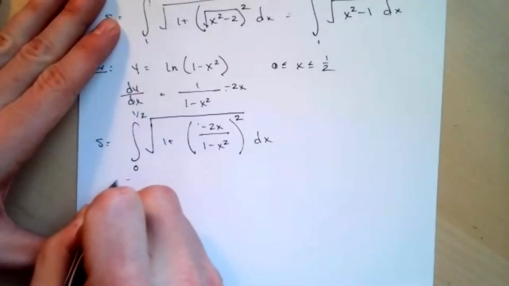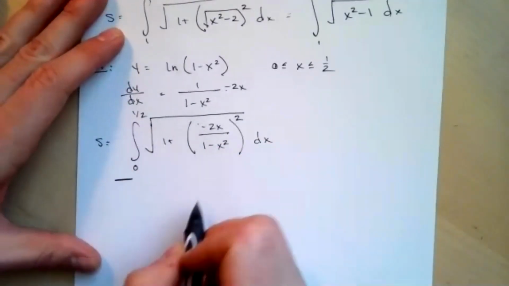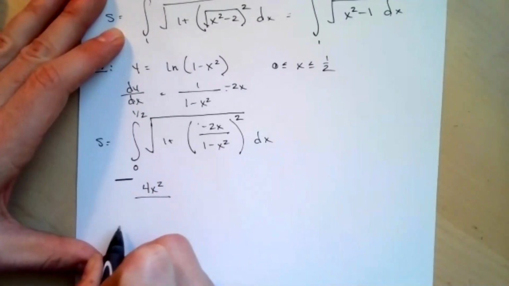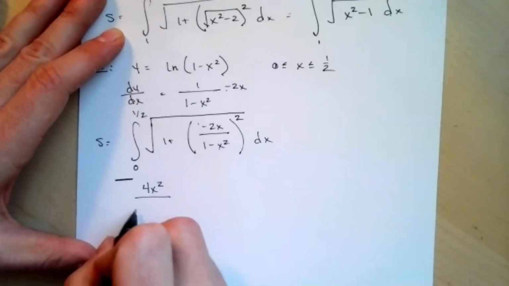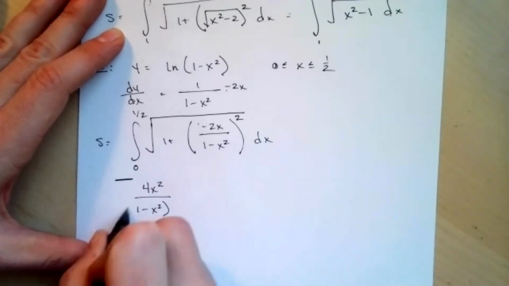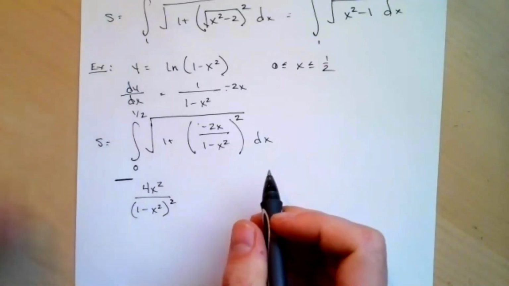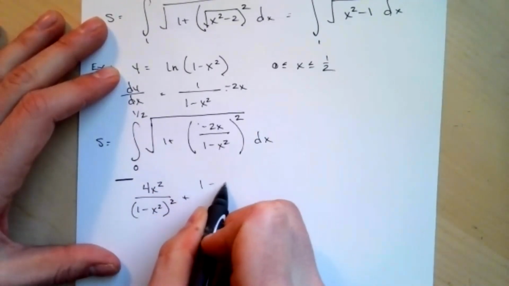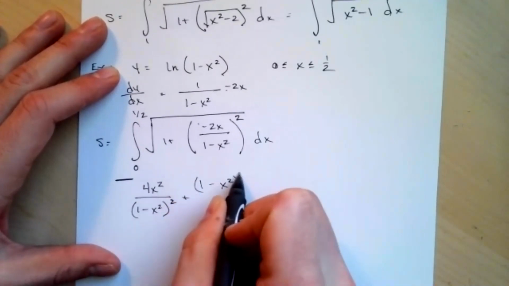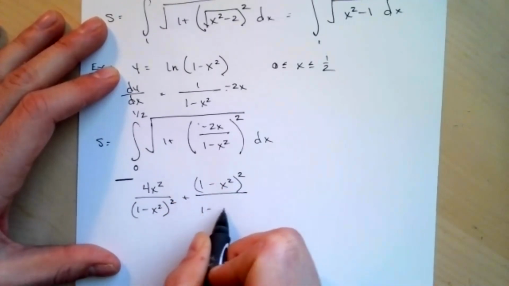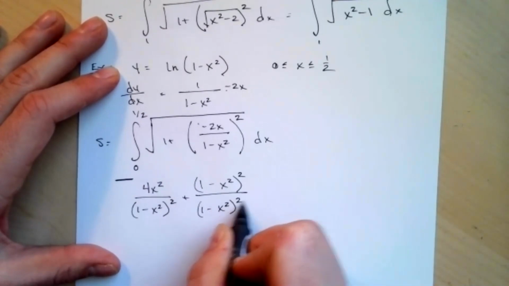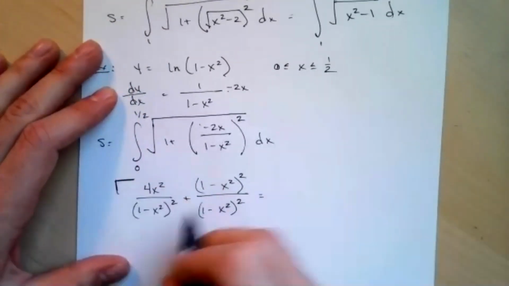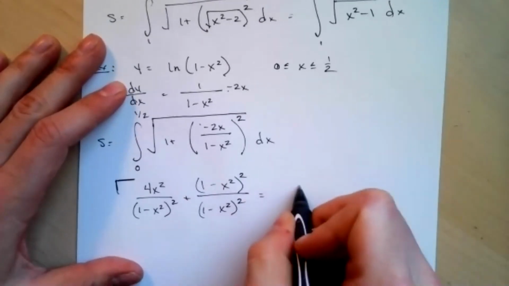So we want to simplify the integrand here. We've got 4x squared over, let's just write it as 1 minus x squared squared. We'll have to FOIL that out for the numerator. And we have to add 1 to that. So we want to combine our like fractions, or like terms in the fractions.